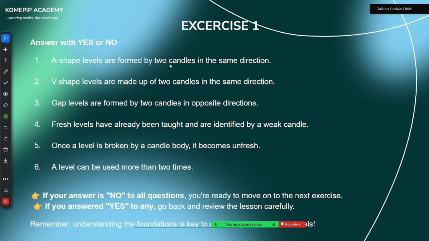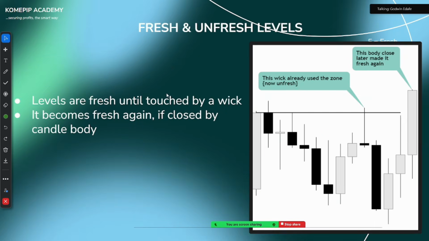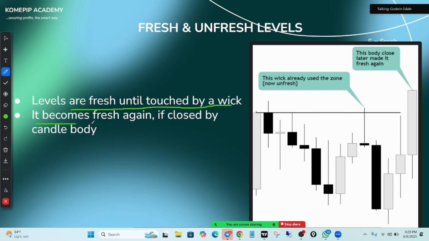All right, fresh and unfresh levels. Levels are fresh until touched by a wick. It becomes fresh again if closed by a candle body. It's very important. So what kind of key level is this? Exactly, A-shaped key level. Now take note, this was the candle that tapped into it, so this zone has been used.